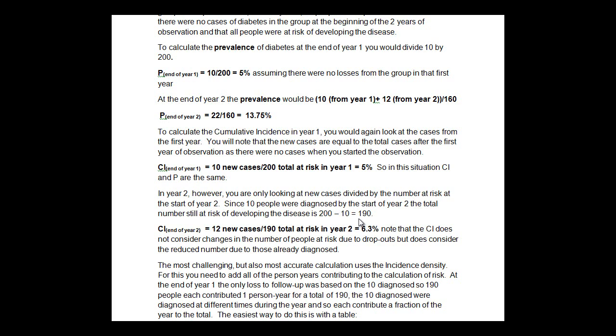So our denominator is going to be different in year 2. We're looking at the 200 minus the 10, which is 190. So the cumulative incidence at the end of year 2 is the 12 new cases in year 2 divided by the 190, giving us a cumulative incidence of 6.3%.